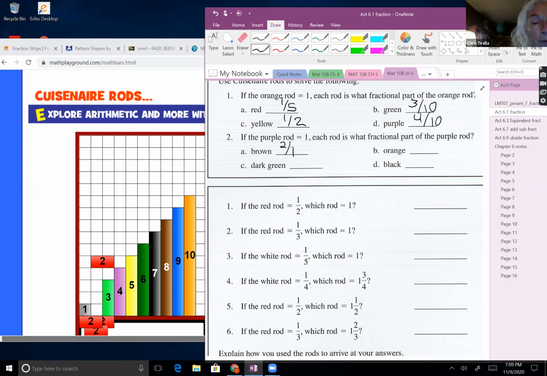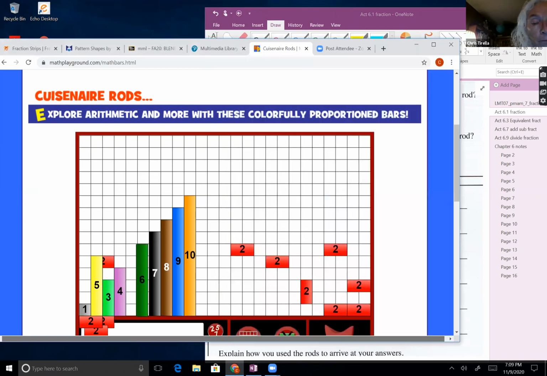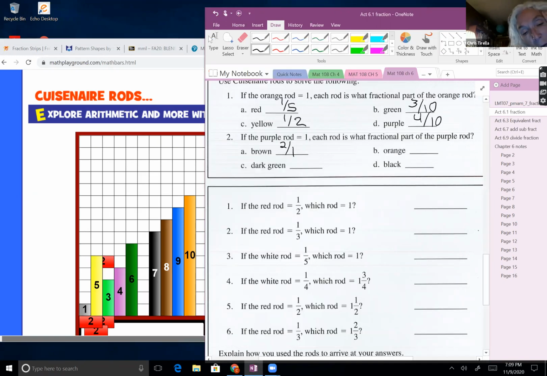And if I were to look at the dark green as being a fraction of the purple, do you see how the dark green would be like 1.5 or 3/2 or 6/4?